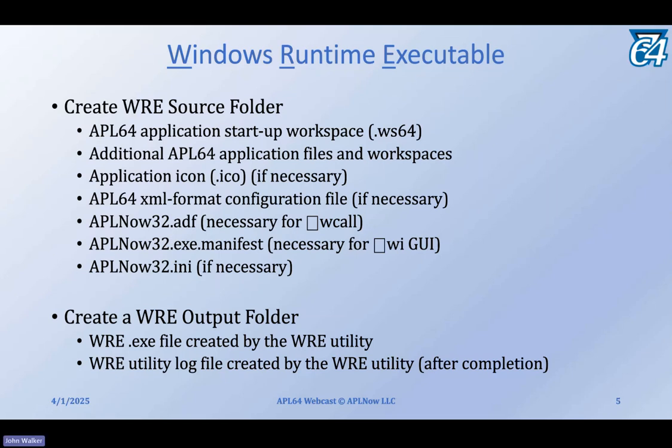The exe manifest is necessary for any of the quad W GUI interface, as that will enable you to get the newer Windows style controls. And the ini file, for the most part, may not be necessary, but if your application currently has one, you'll need to take that information and incorporate it into the ini file.